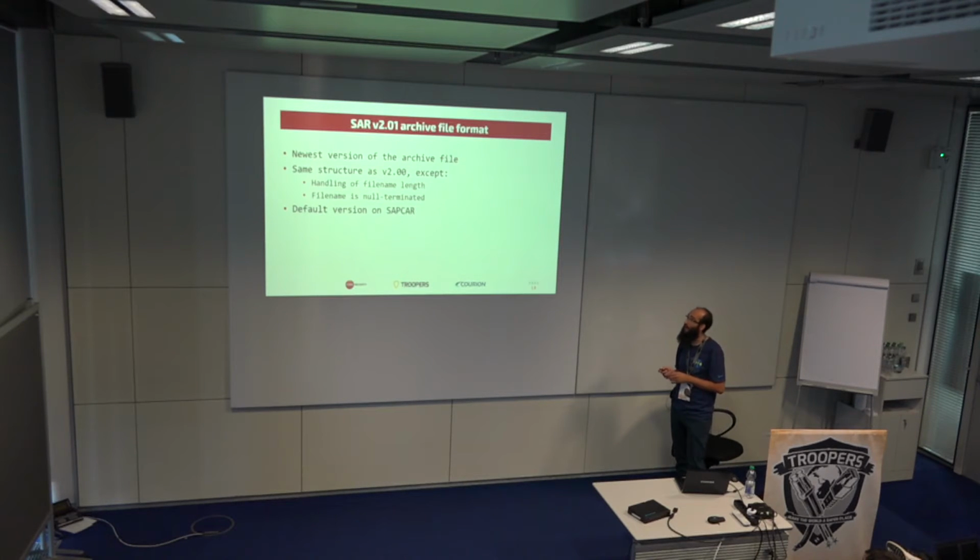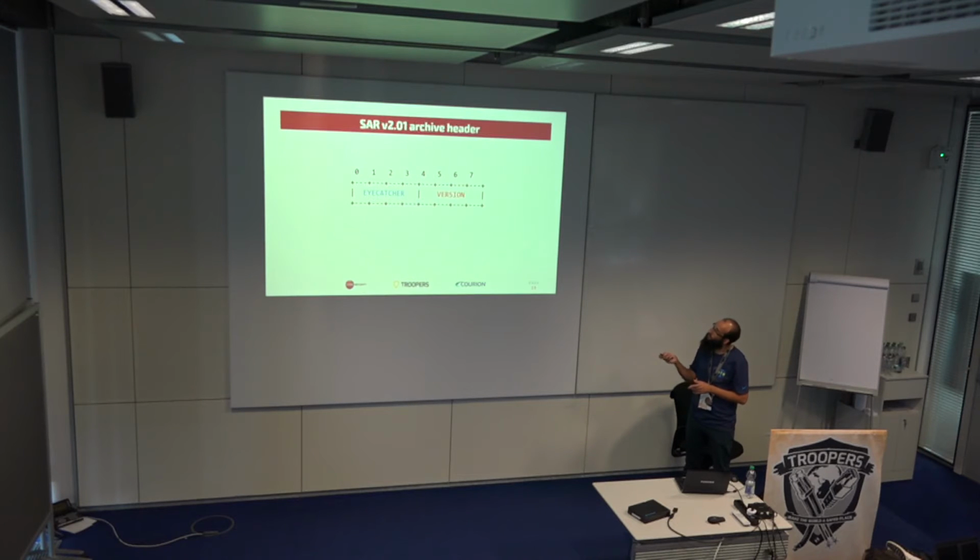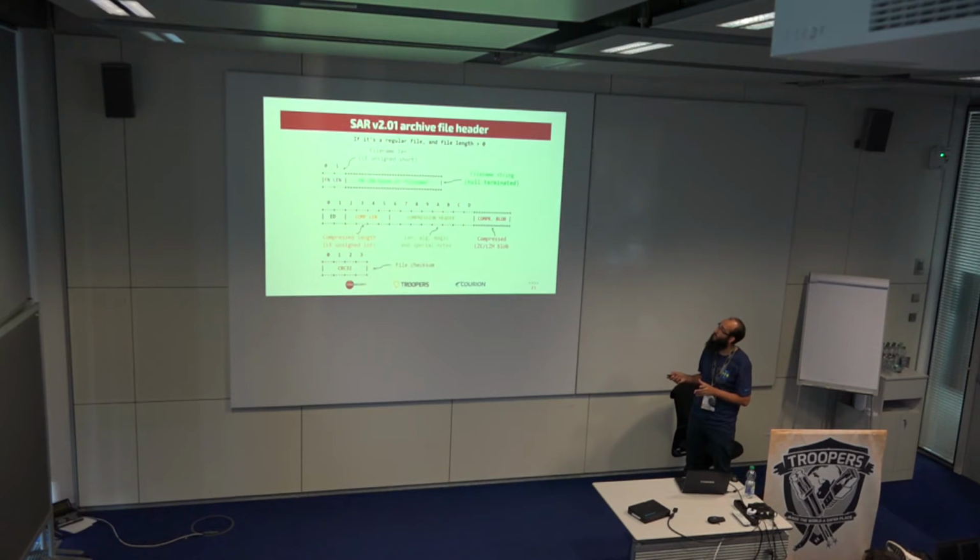So the file name, this part is the same except for the version number. This part is also the same, similar to the previous one, but in this case, this string is null terminated. So that's the only thing that I found that was actually changing the behavior of the program when extracting data from these files.